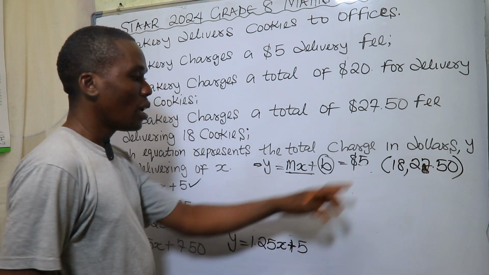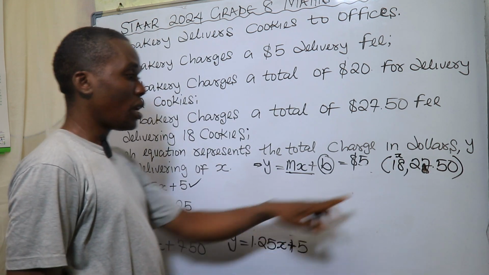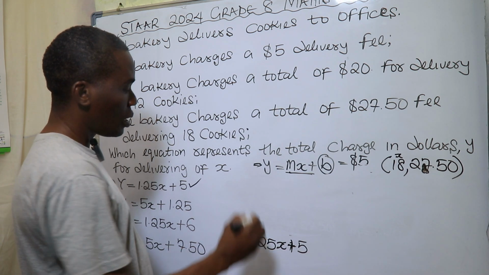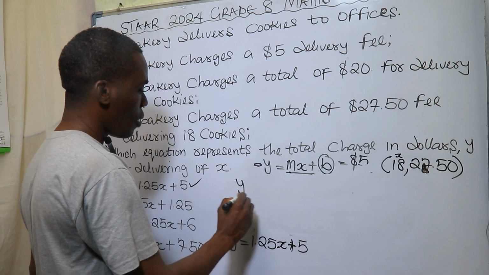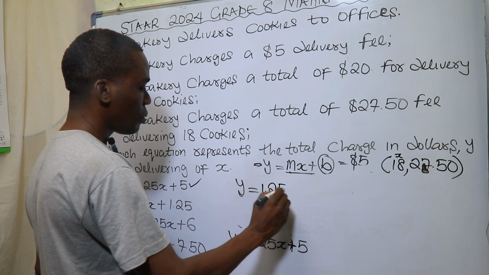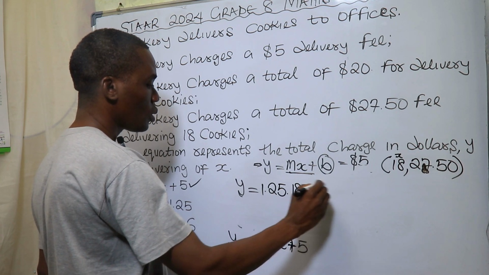Now, if I insert the value of my x equal to 18, will I be able to get my y to be 27.50? Let's try that. Our y will be equal to 1.25 multiplied by 18 plus 5.